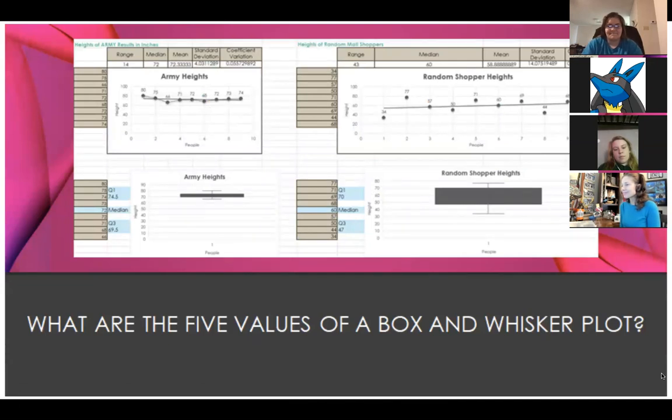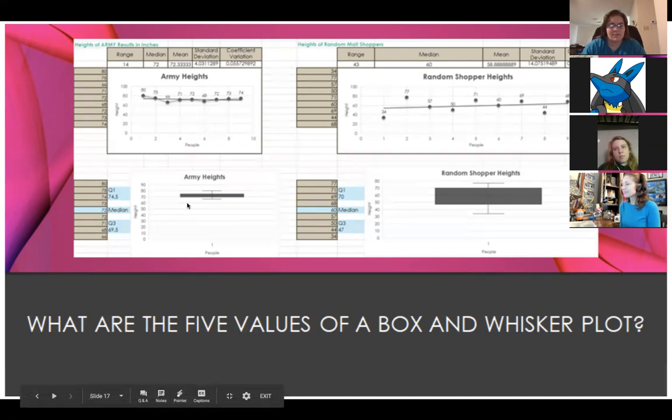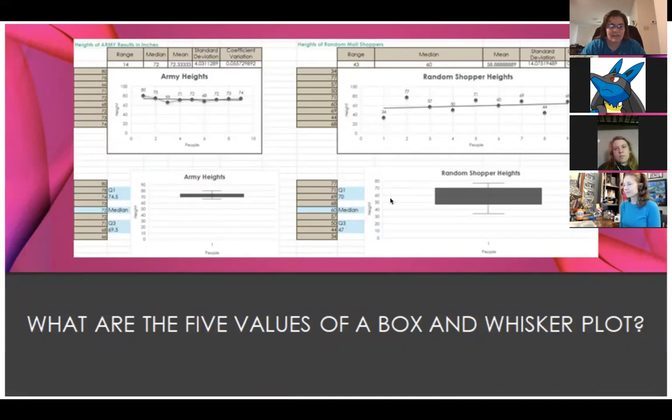What are the 5 values of a box and whisker plot? So here we have box and whisker plots, and that's these graphs down here at the bottom. Right, so I guess I'll explain.